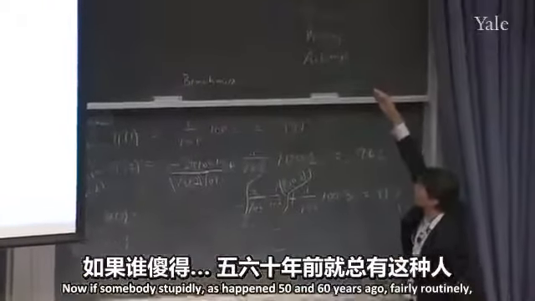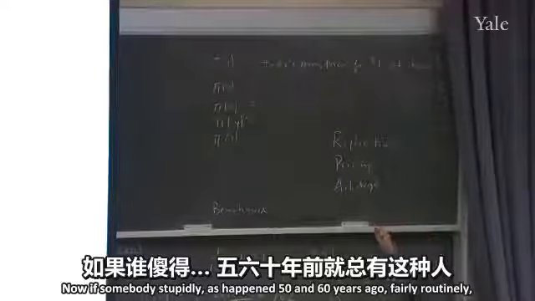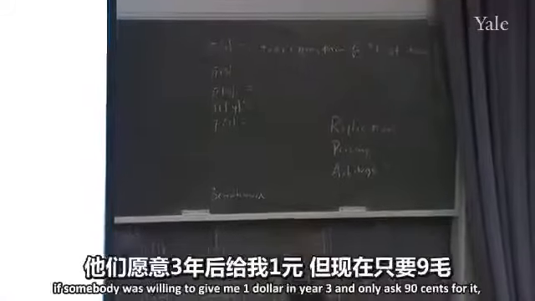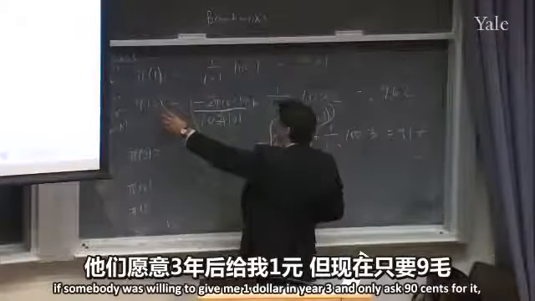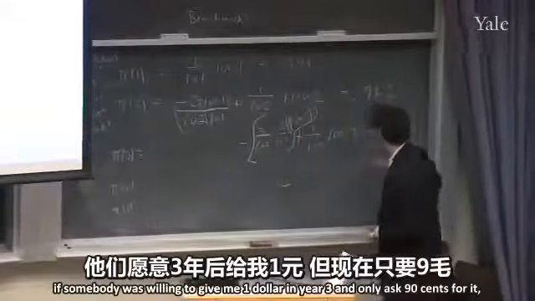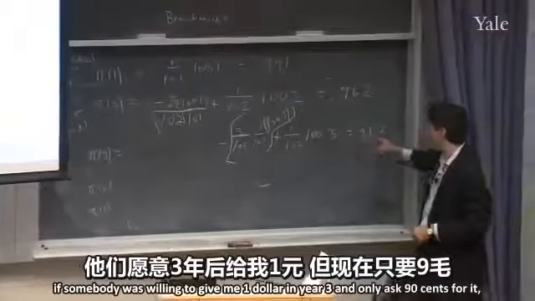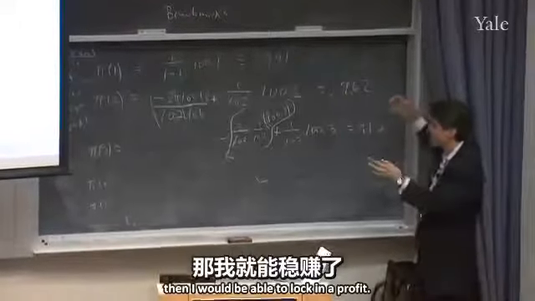Now, if somebody stupidly, as happened 50 and 60 years ago fairly routinely, was willing to give me $1 in year 3 and only asked 90 cents for it, then I would be able to lock in a profit.